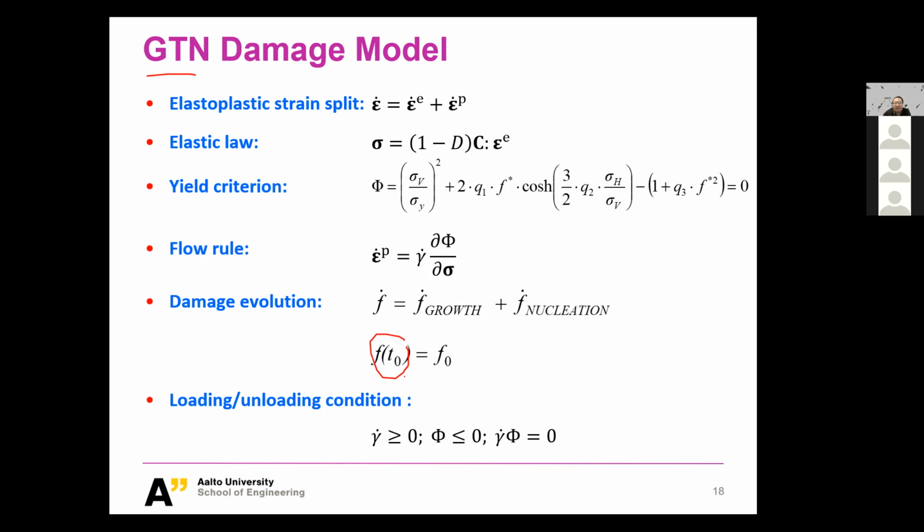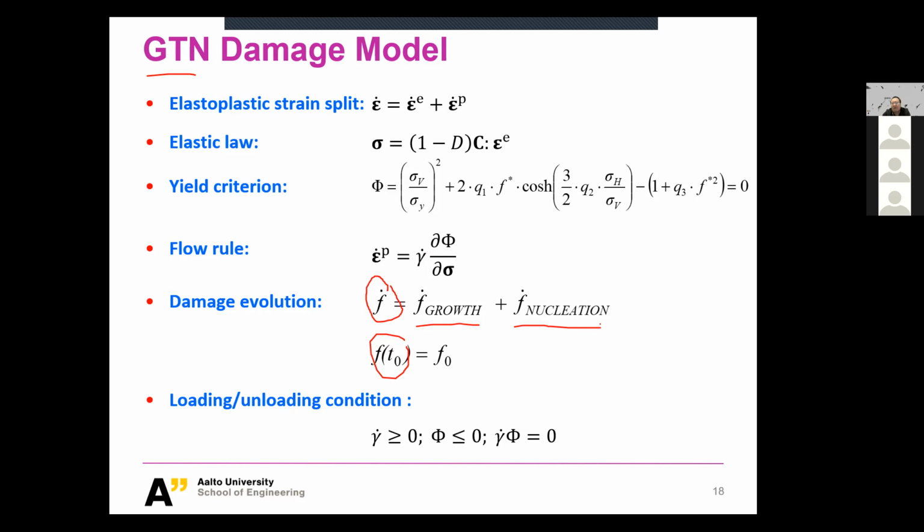The key equation in that model is how the void volume fraction becomes larger. We have more and more voids, and the existing voids are getting bigger and bigger. So the evolution of the voids, the second important equation, is decomposed into two parts. It is first driven by the growth of existing voids, and then also by new voids.